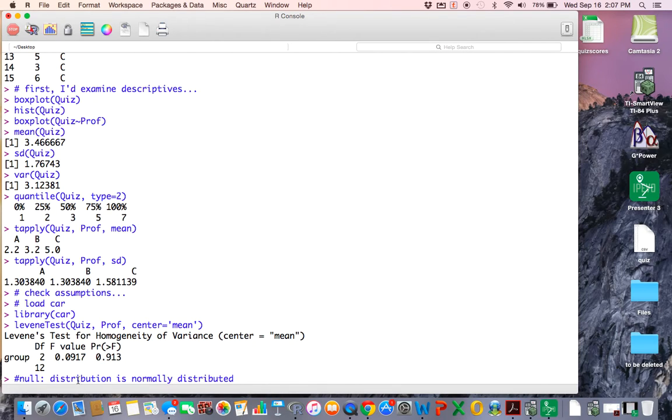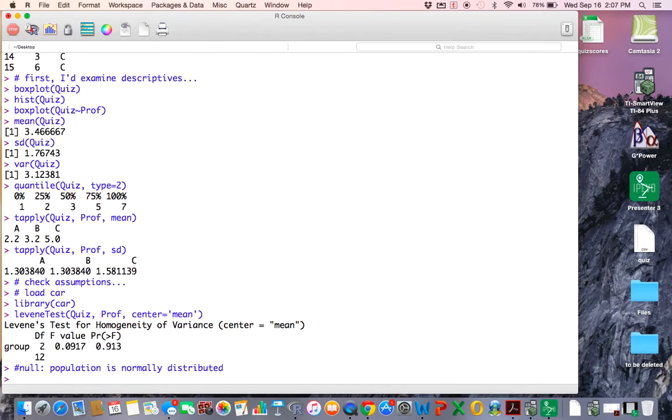I should say the population, where the alternative is the population is not normally distributed. What am I talking about? Oh, I've lost my mind, guys. I'm already thinking about the Shapiro test. We're testing equal variances.